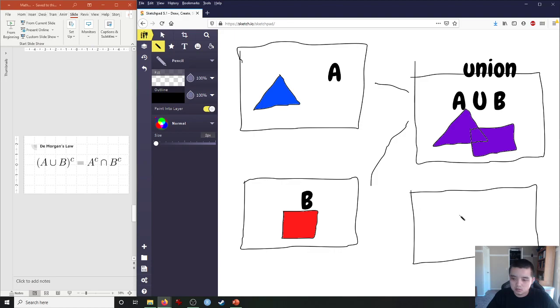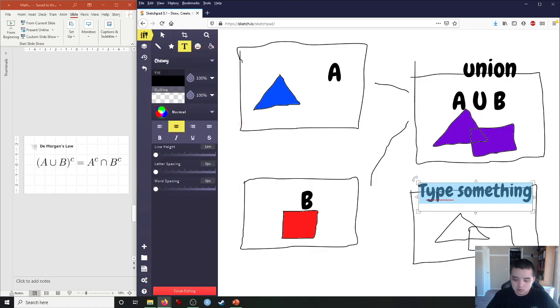So we have that triangle, we have that quadrilateral. We're trying to get A union B complement.